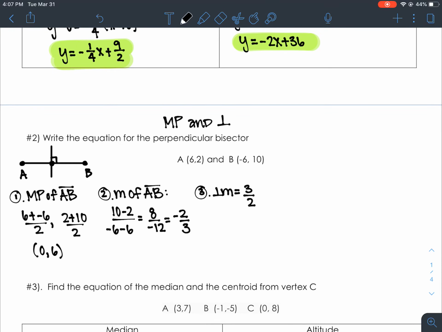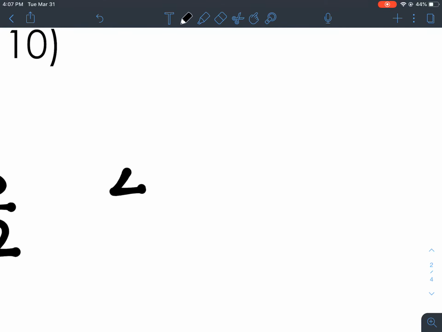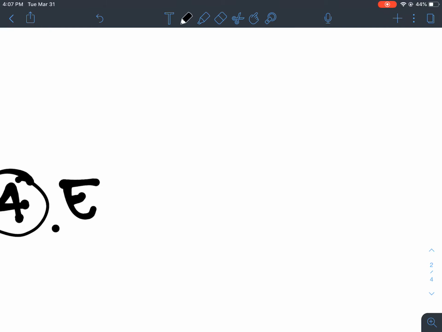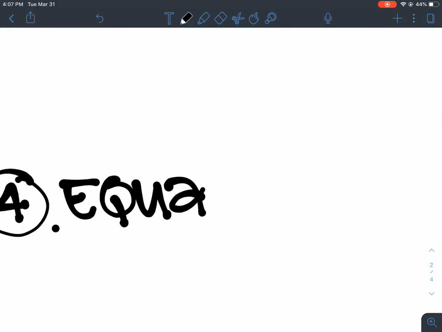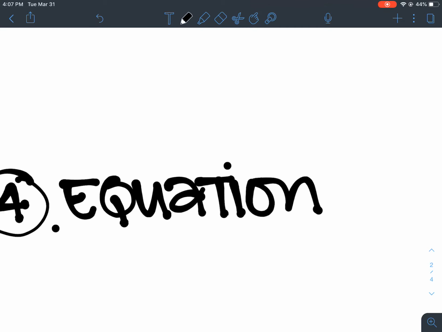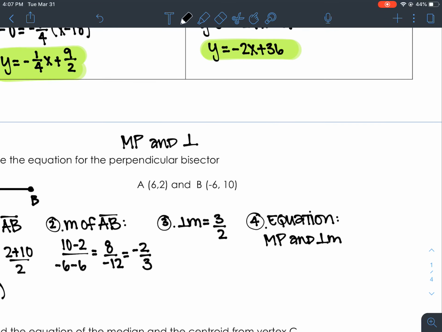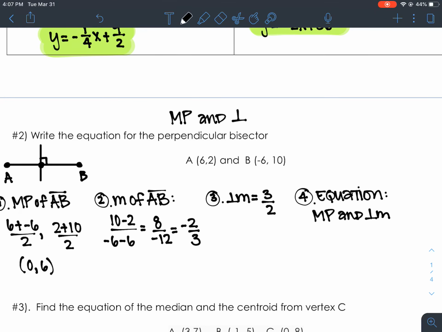We now have all the components to actually write the equation of the perpendicular bisector. It's going to use our midpoint and our perpendicular slope, so it's the combination of the two. Now, a couple things.